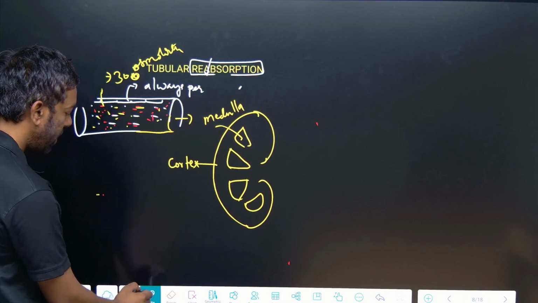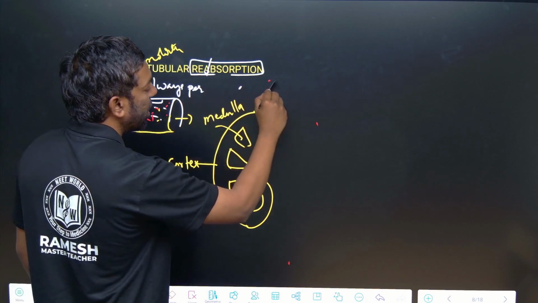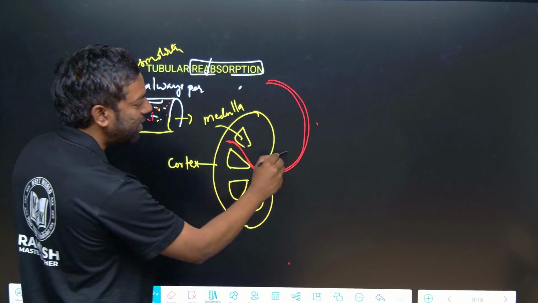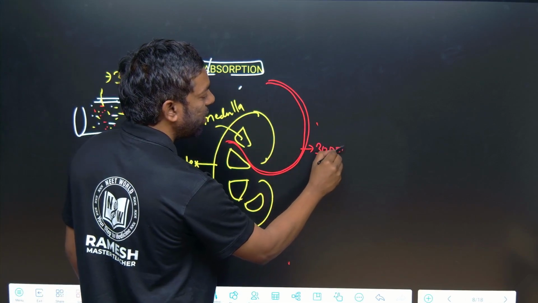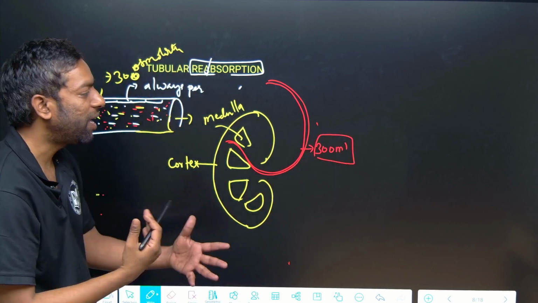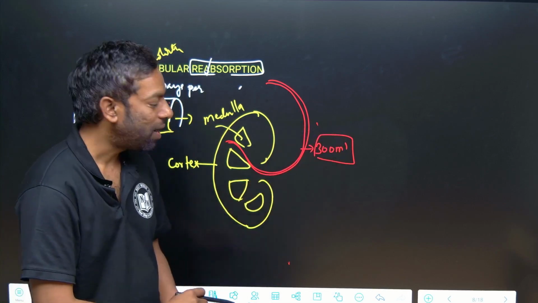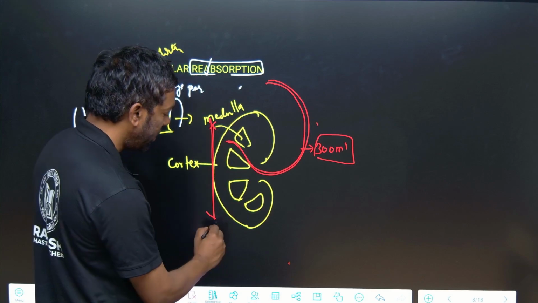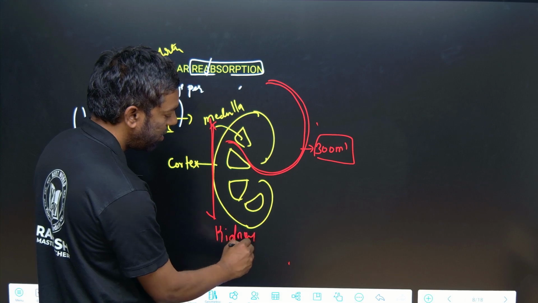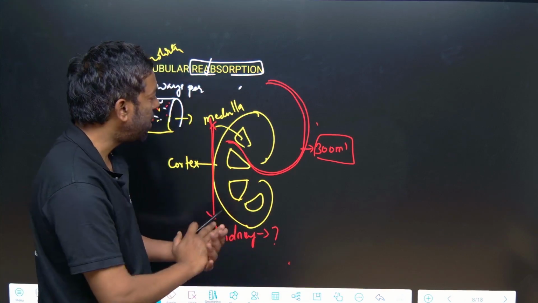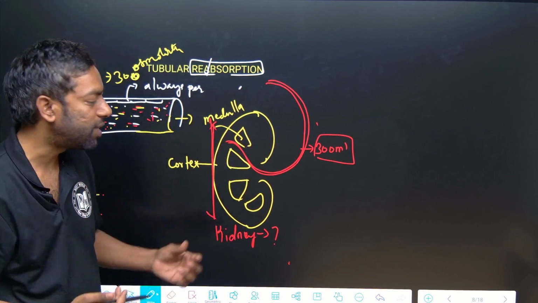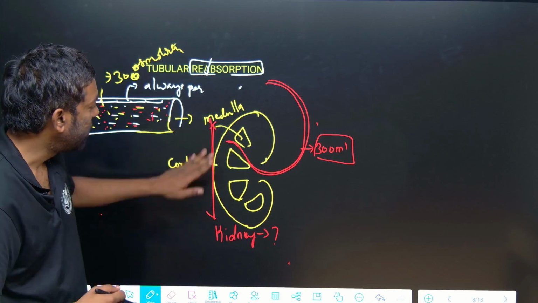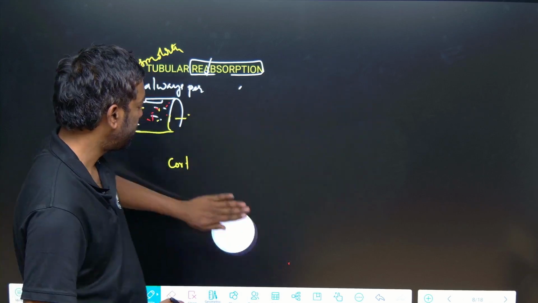If the blood vessel, the capillary, carries blood of 300 osmolarity into the kidney, the kidney also has osmolarity. The kidney has two regions, the medulla and the cortex, and we are going to discuss their osmolarity.